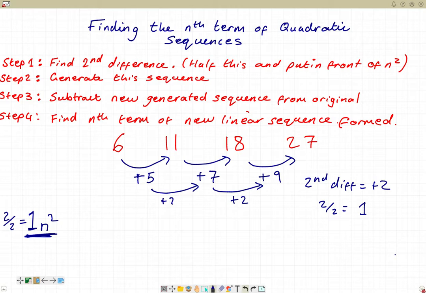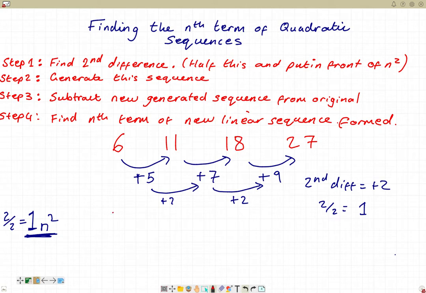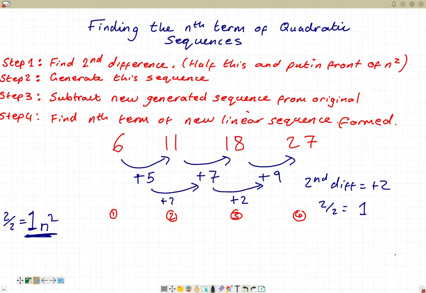So I have to substitute 1, 2, 3, and 4 into it. You can go up to 3, but I'm going to go up to 4 just to show you. First, 1n squared. I substitute 1 into 1n squared, so instead of n, I put 1 in. 1 squared is 1, 1 times 1 is 1.